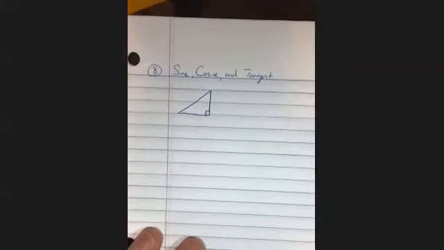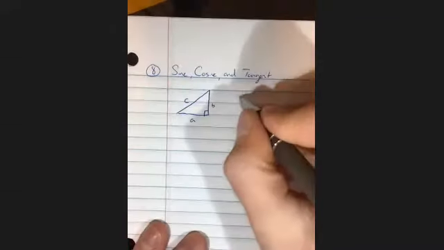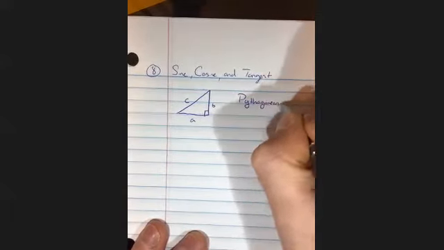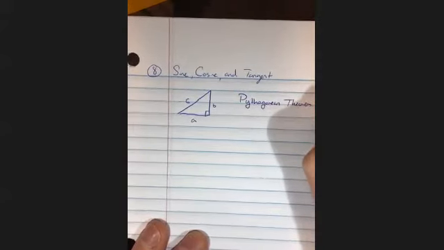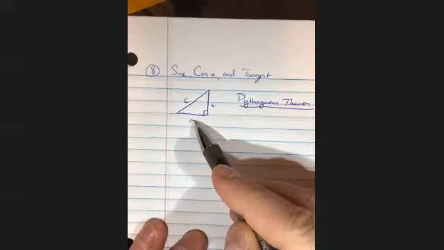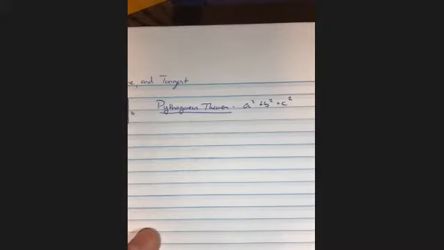The number one thing that most of you remember is that with a right triangle, if we have sides a, b, and c, the Pythagorean Theorem states that a squared plus b squared equals c squared, meaning the sum of the squares of the two legs of the triangle is equal to the square of the hypotenuse.